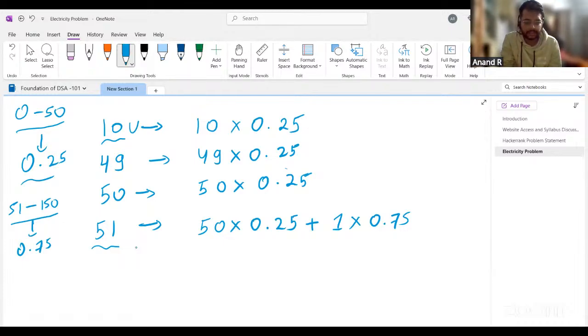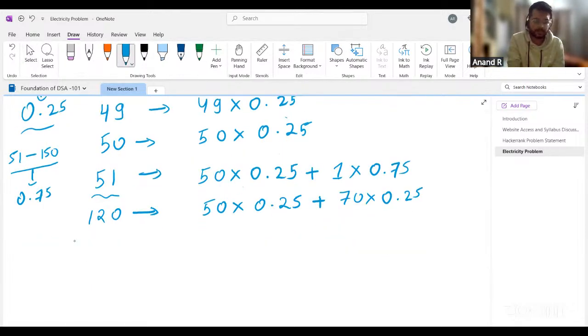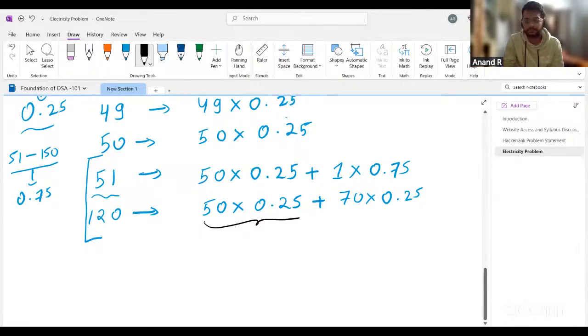Now let's take 120. Can I say that it is 50 into 0.25 plus 70 into 0.75? So if the value is between 51 to 150, can I say that this part of the calculation is the same, right? If you want, you can take one more example, 130.